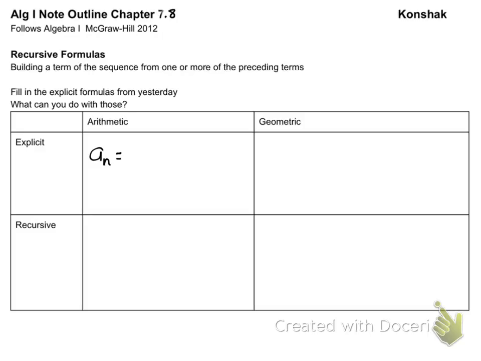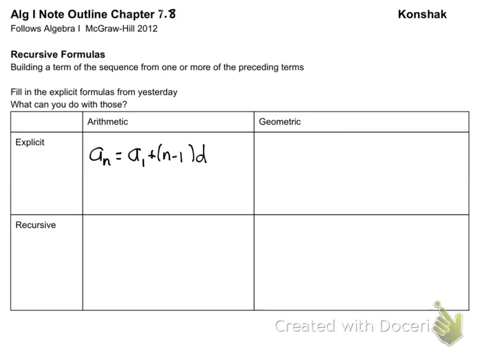We didn't actually work too much with it other than just finding a common difference. But A sub 1 plus, what's next? You can look back in your notes if you have to, guys. It's the next page over, right? N minus 1 times D.